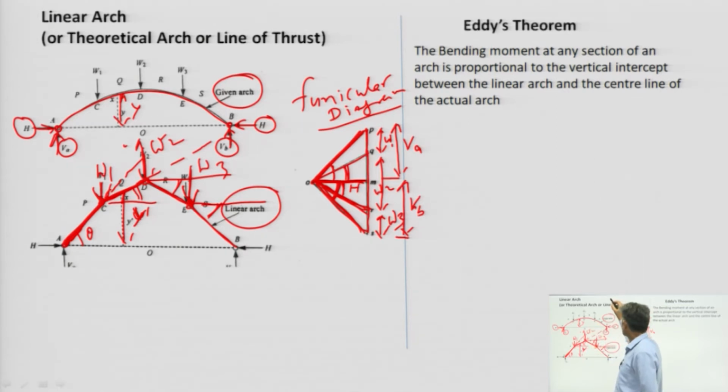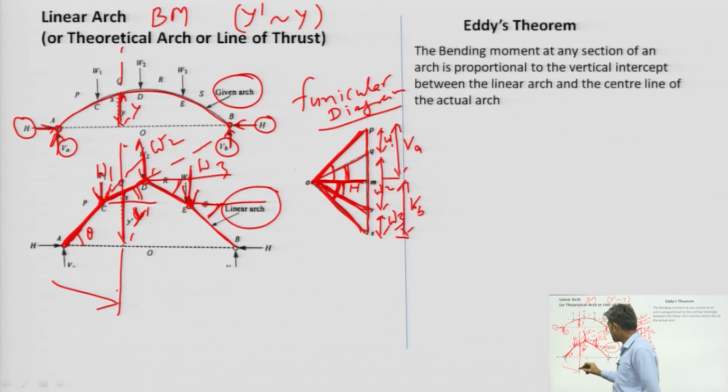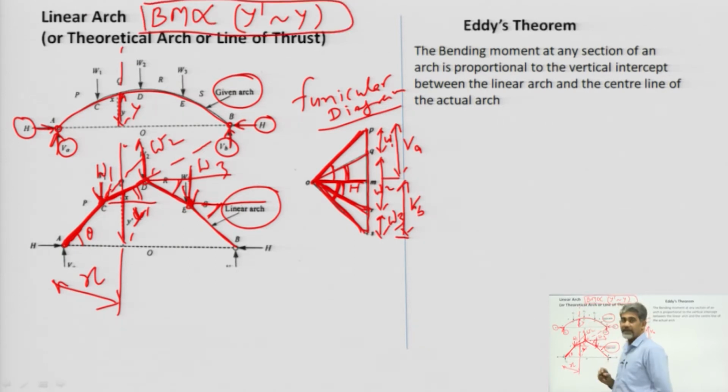So, what is the difference? y dash minus y. So, the bending moment in the given arch at a particular section, say we are taking this section at distance x, will be directly proportional to the difference of the intercept between the given arch and the linear arch. And this is the Eddy's theorem.